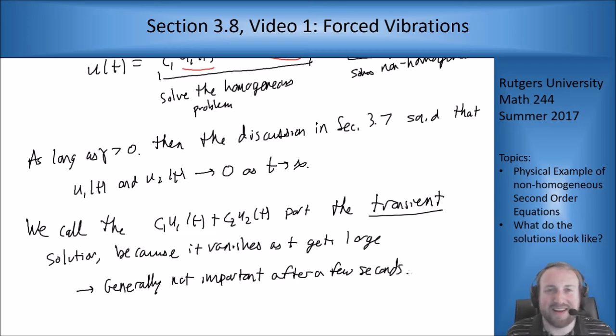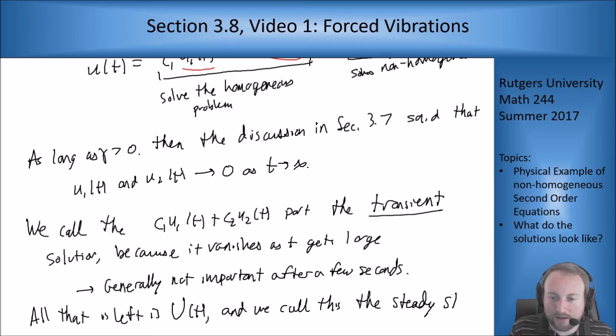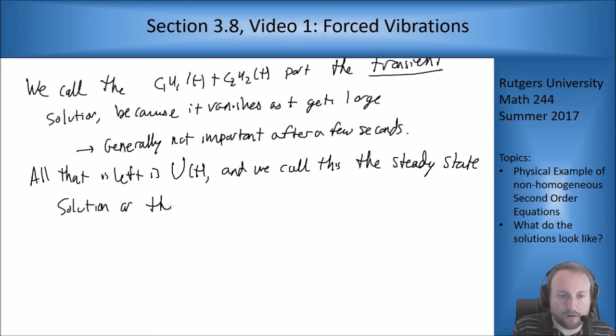So it doesn't really take that long for the solution not to matter anymore. And then all that's left is our capital U. And we call this the steady state solution, or the forced response.